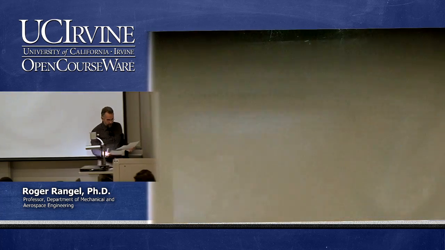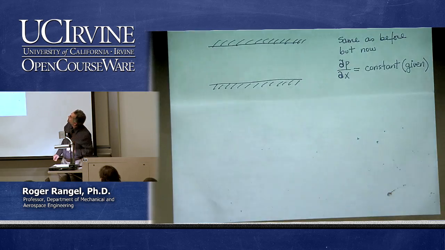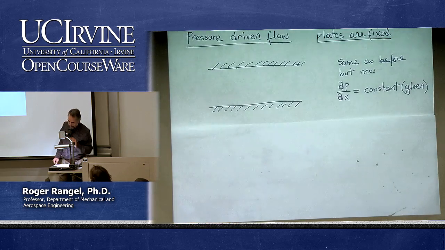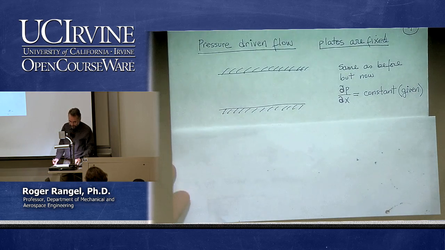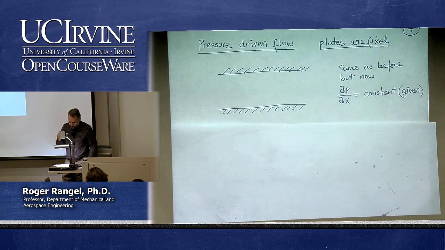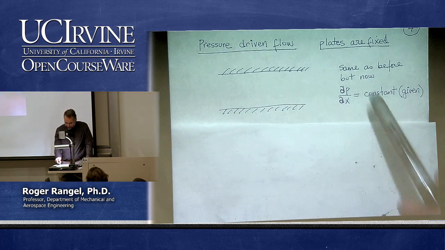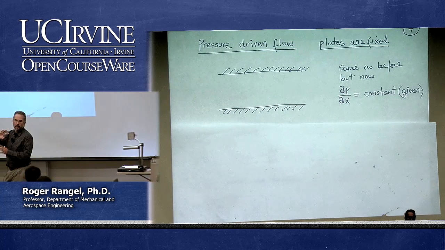So let's do the following. Almost the same problem, but now it's going to be a pressure-driven flow. The plates will be fixed. So all I'm going to do is add a pressure gradient in the x direction. Remember, when I set up the problem, I said I'm not going to have a pressure gradient.